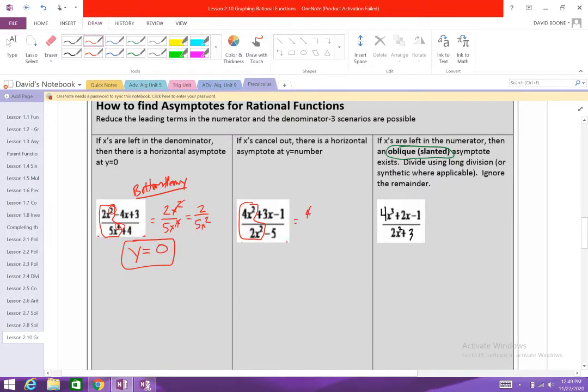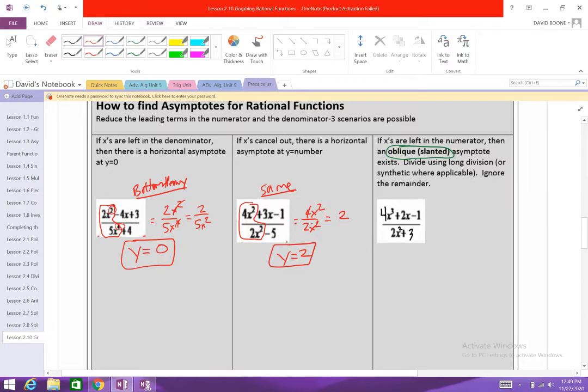And again, if I just parse that out, I get 4x squared over 2x squared. And if you do simplify this, this would come down to just be 2. Well, again, when they are the same, our horizontal asymptote is y equals whatever that reduces to. So y equals 2 would be our horizontal asymptote.